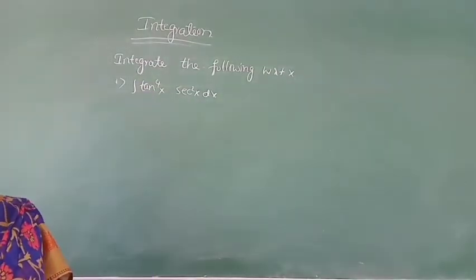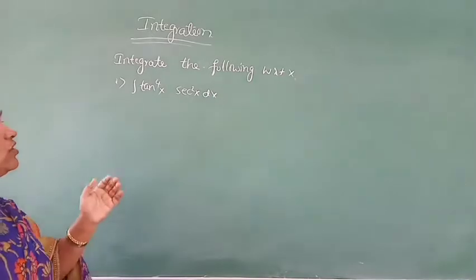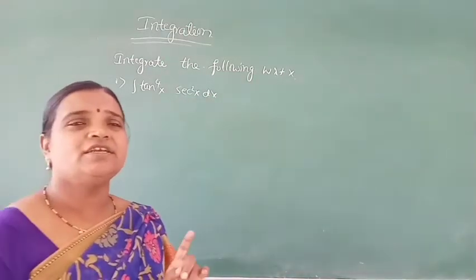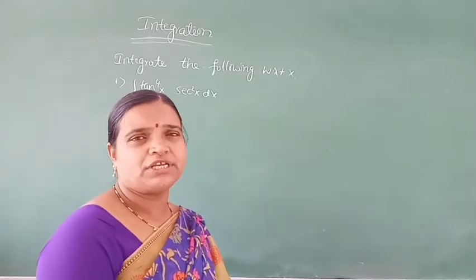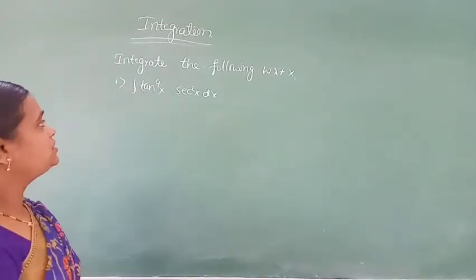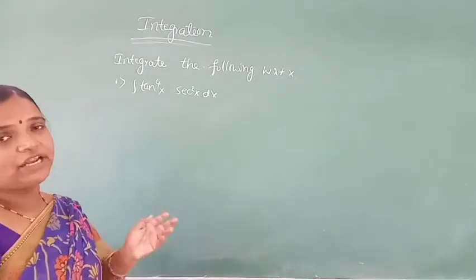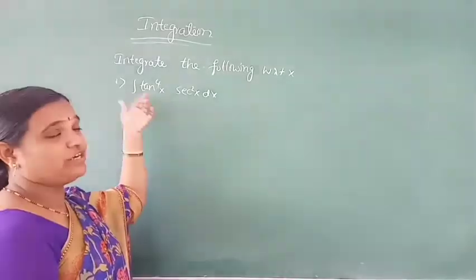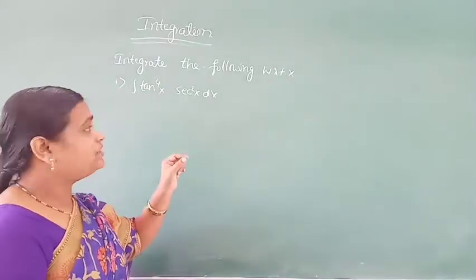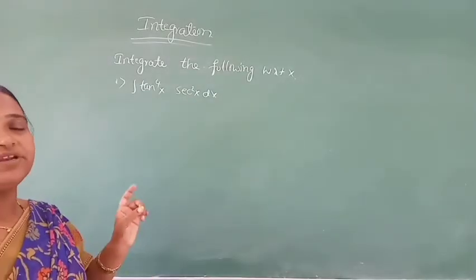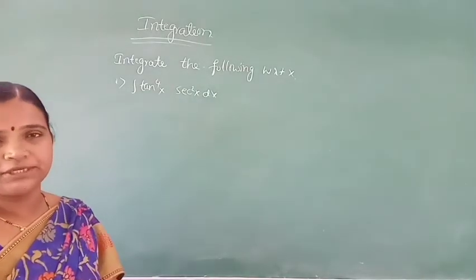It is a little bit of a lengthy process and will not give a direct answer. Please remember that if we are using the method of substitution, it is always better to substitute the term whose differentiation is there in your integration. That one we have to take as a substitution.